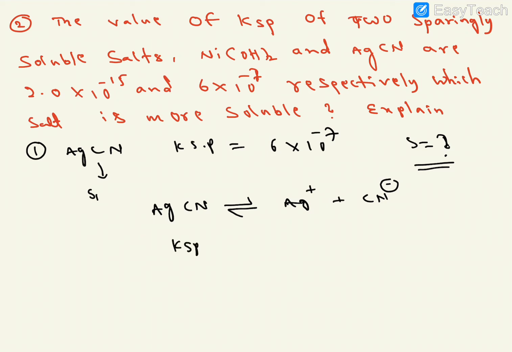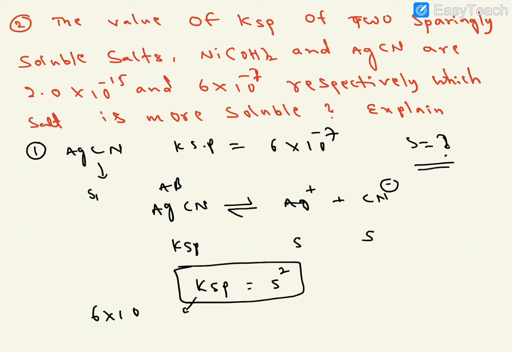So generally Ksp is equal to S times S. This is an AB type salt, and we already calculated that the solubility product Ksp is equal to S squared. The solubility product given is 6 into 10 to the power of minus 7.